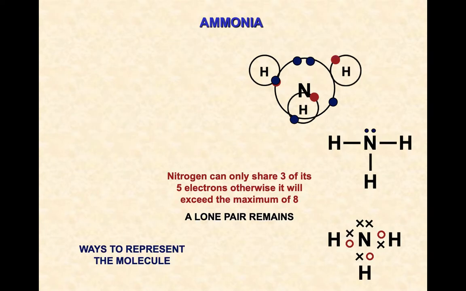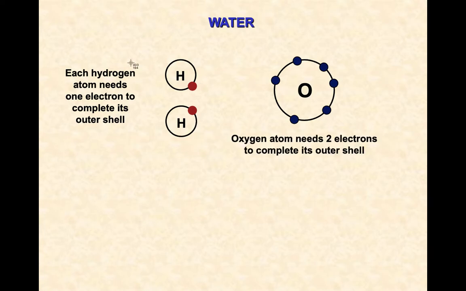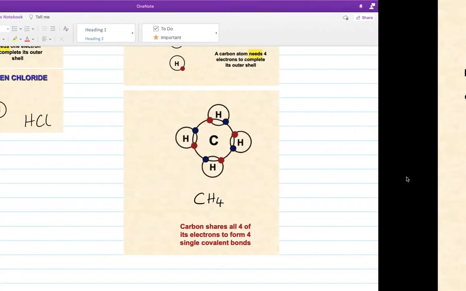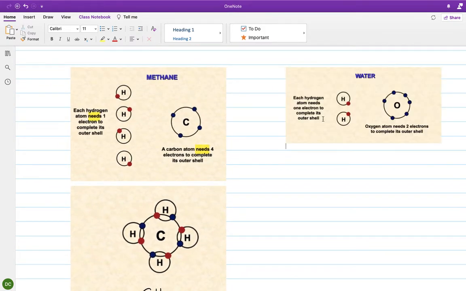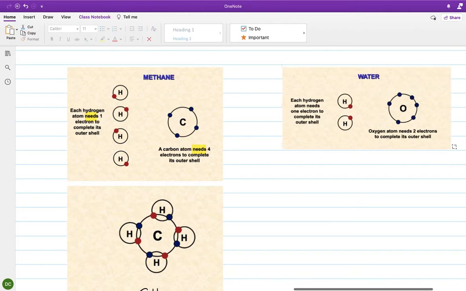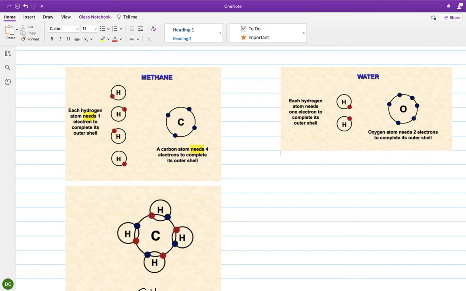I'm just going to go to this one. Water, okay? That's actually one they have in your book. So this is the last one I'll do now. Hopefully you're getting the idea. So again, we have atoms in need.